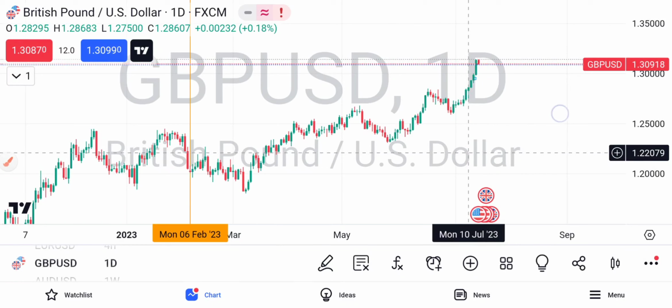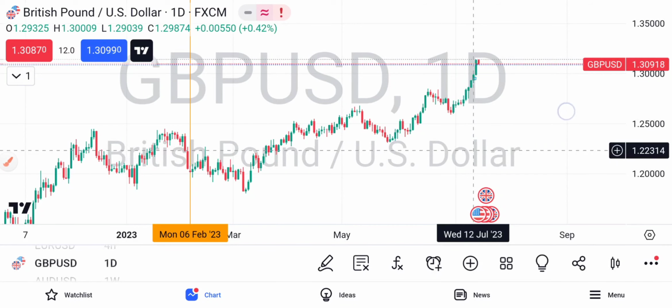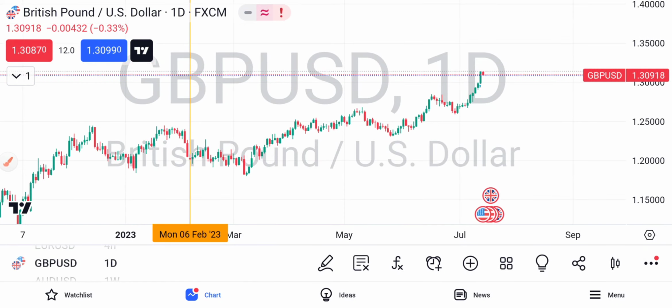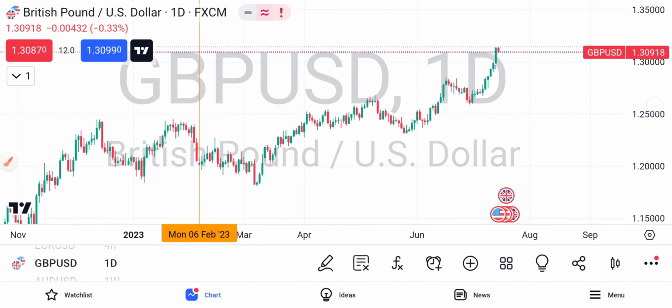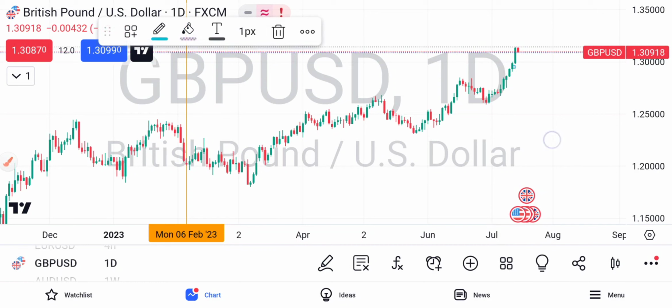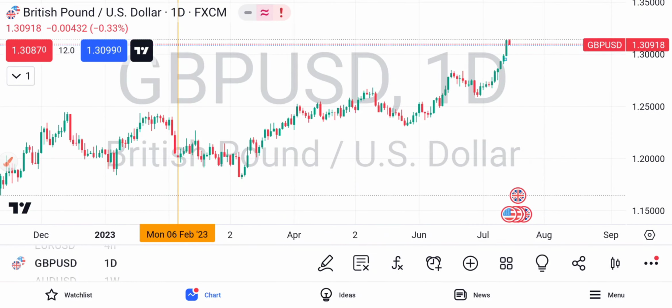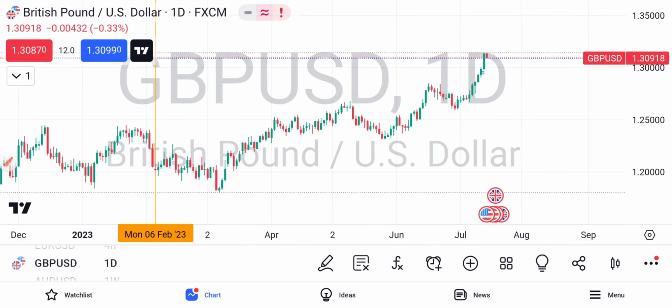This is Monday the 10th, then Tuesday, Wednesday, Thursday, with Friday being the last day. So you can see 5 candles made up that one weekly candlestick. 5 one-day candles made up 1 weekly candle.